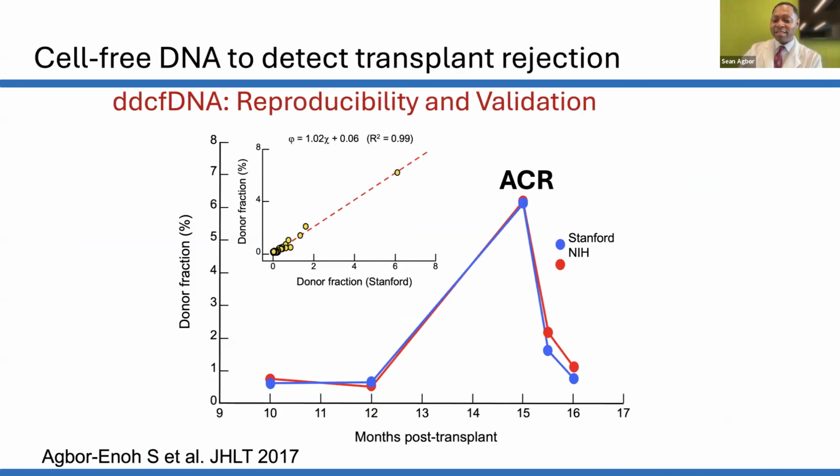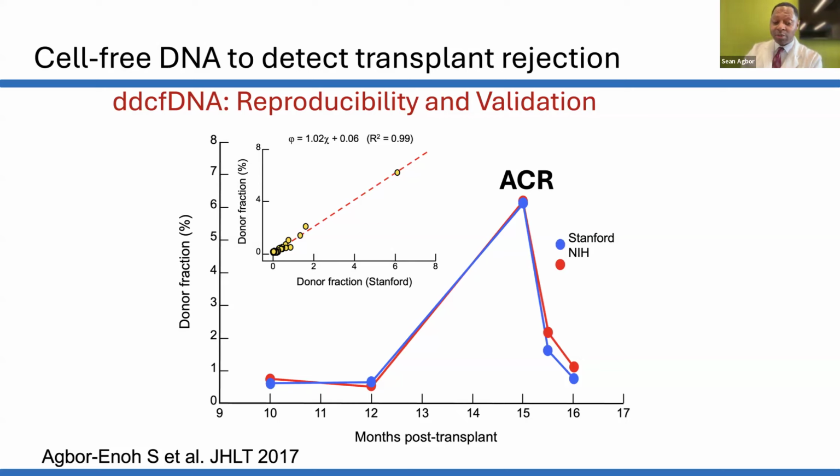I want to emphasize that the test that is commercially available, that's available clinically, really just gives us this fraction. This is a prototype patient, and the goal of this is to show the reproducibility of the test, independent of the methods being used.